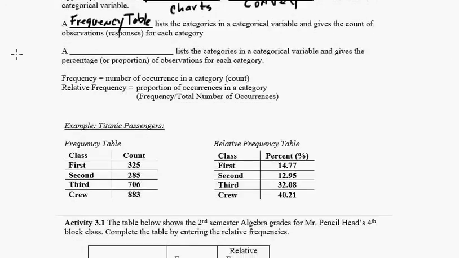And then finally, a relative frequency table lists the categories in the categorical variable and gives the percentages. Here's an example of that.